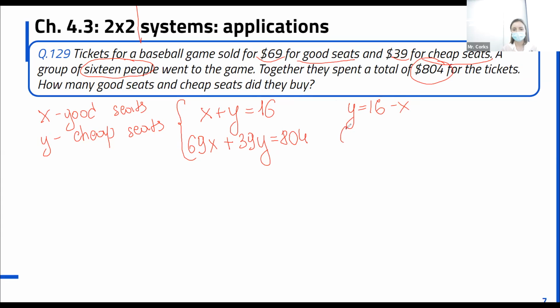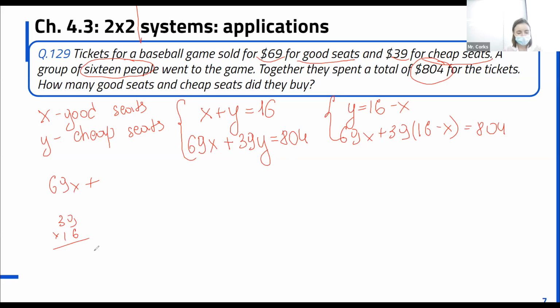So we'll have 69x plus 39 multiplied by 16 minus x equals 804. So let's go for the 69x plus, we need to multiply 39 by 16. We cannot use a calculator, so let's do this.